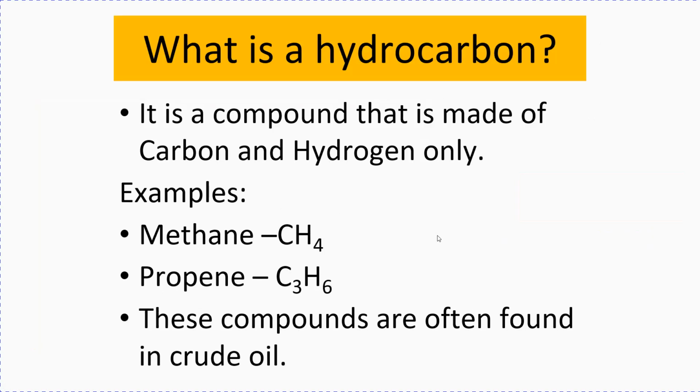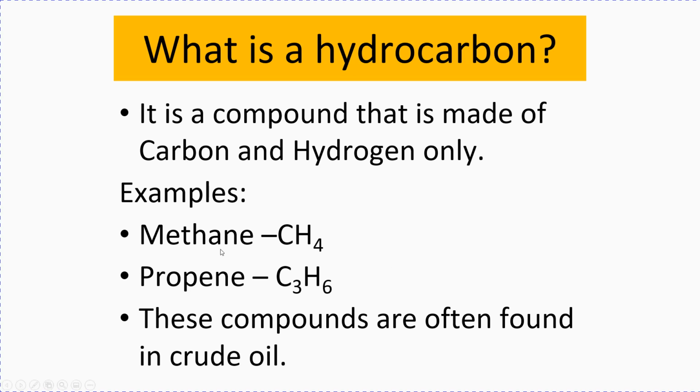Okay, now, in terms of the examples of these, there is a system of naming them. So the first hydrocarbon is called methane. Now we're going to concentrate on the alkanes, this group of hydrocarbons. So they all end in ANE. We've also got another family which are called the alkenes.